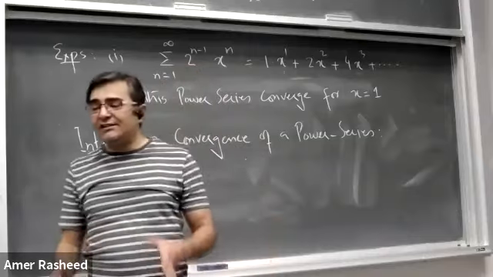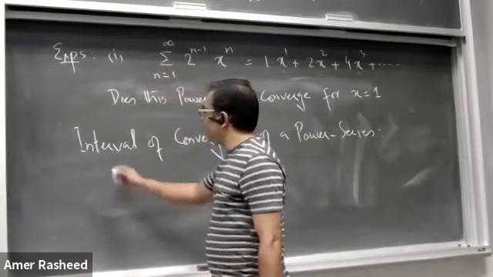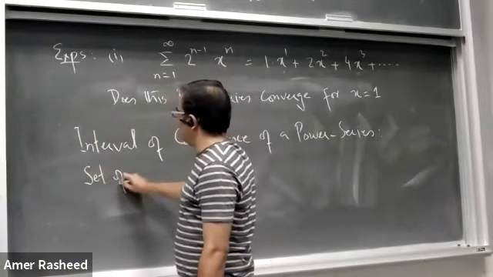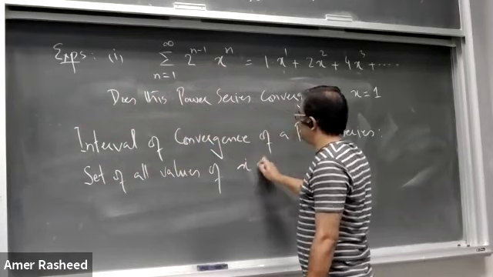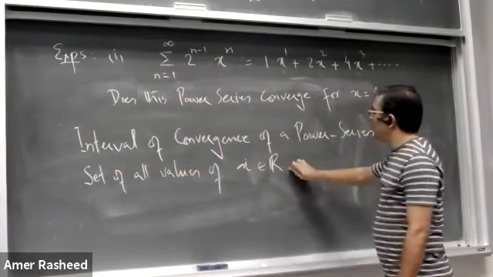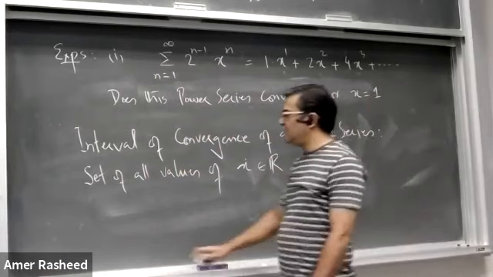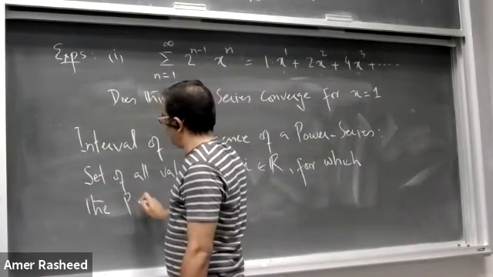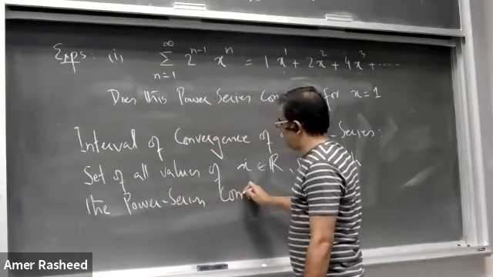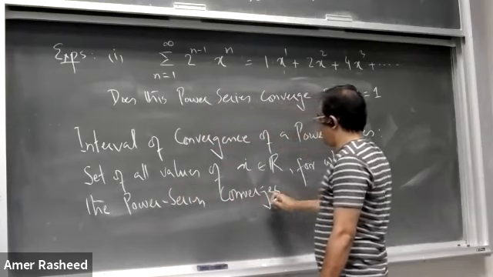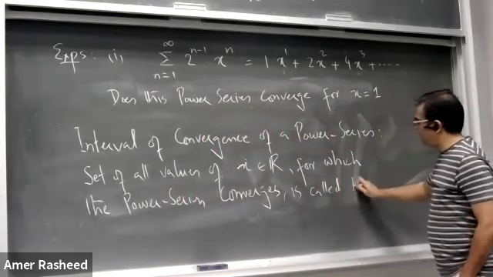The interval of convergence is the set of all real numbers x for which the series converges. The set of all values of x belonging to R for which the power series converges is called the interval of convergence.